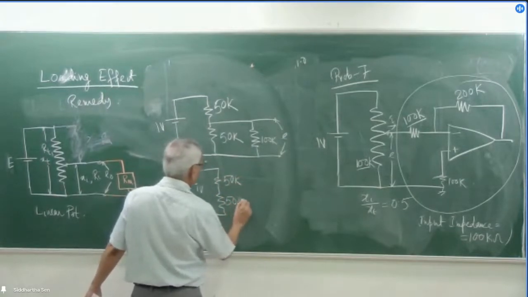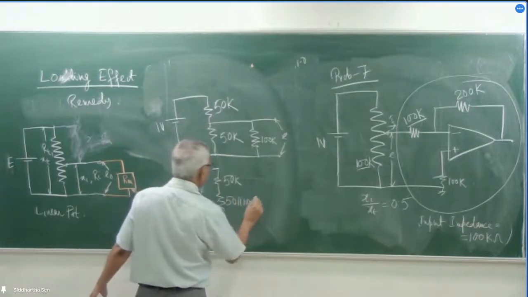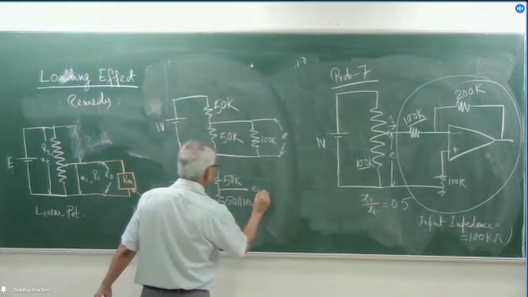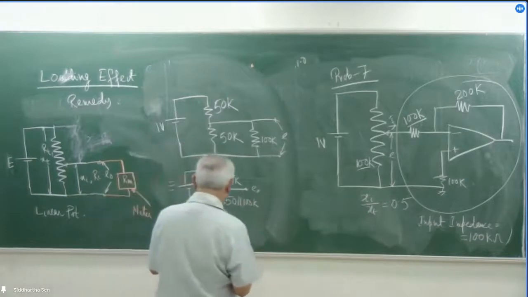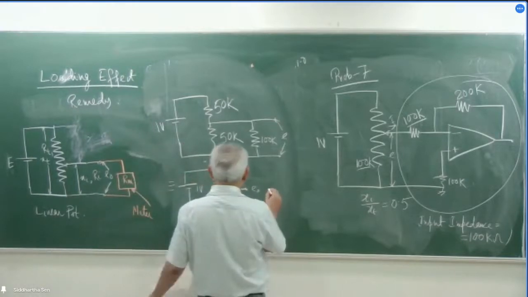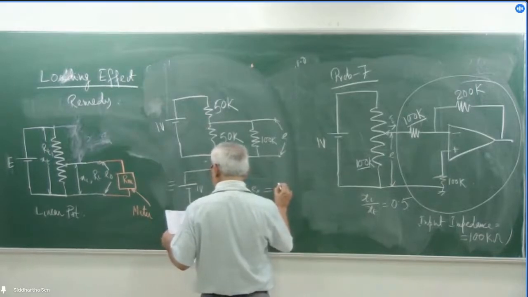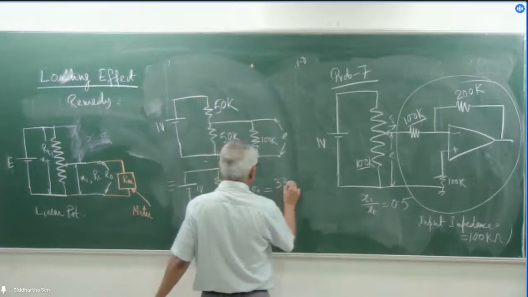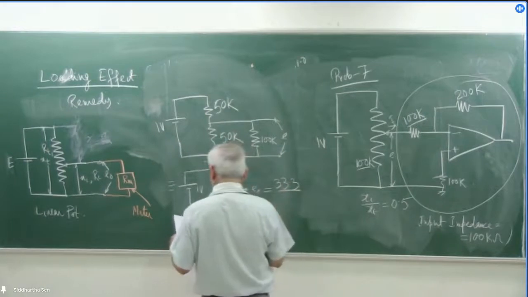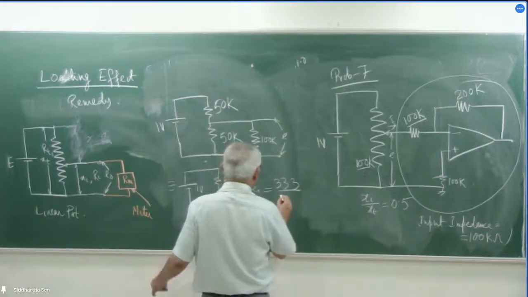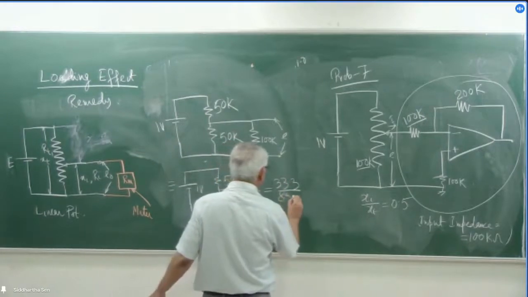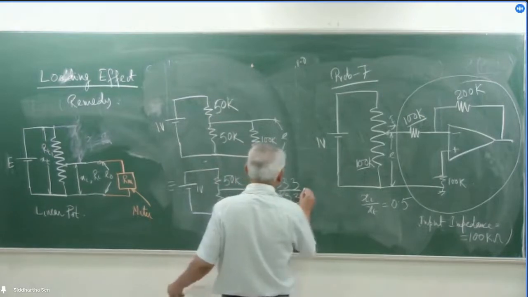So here, if it is parallel 100K and this is your voltage E0, please check it. Here E0 is equal to 33.3 divided by 83.3 volt into 1.